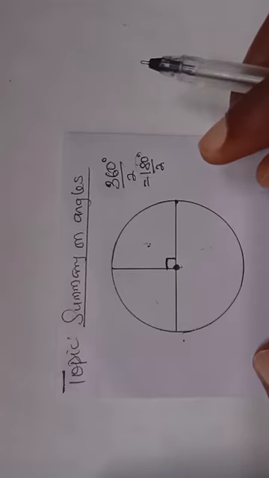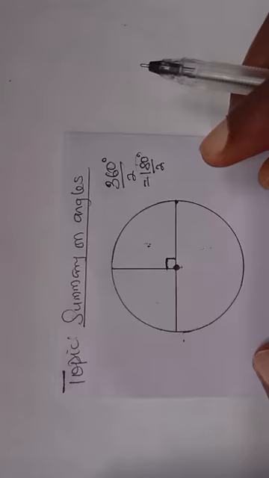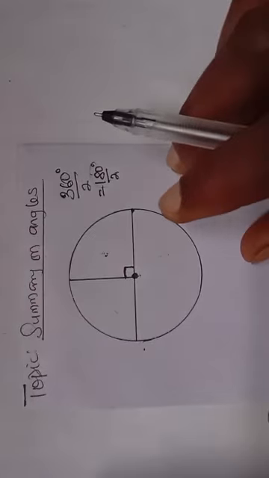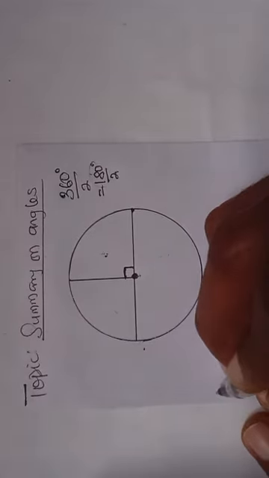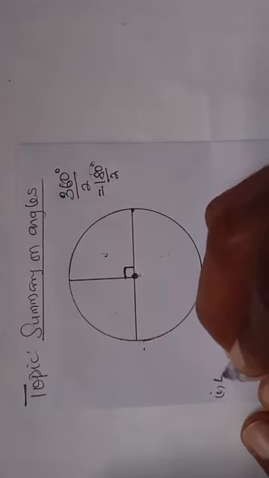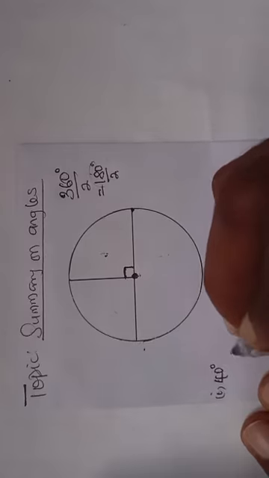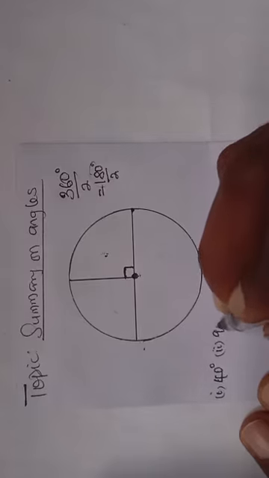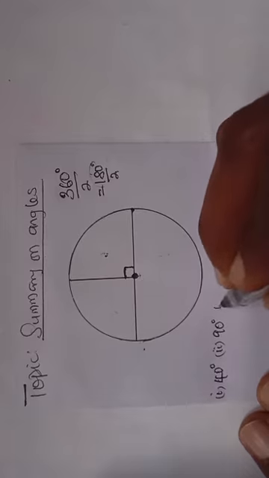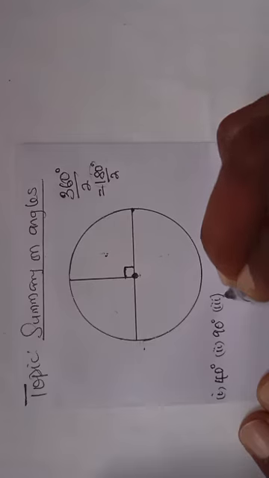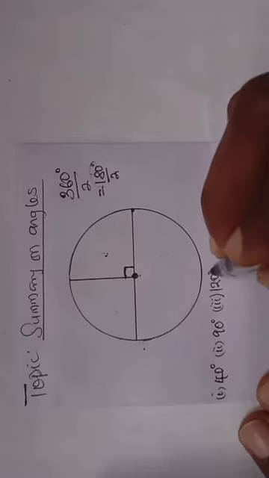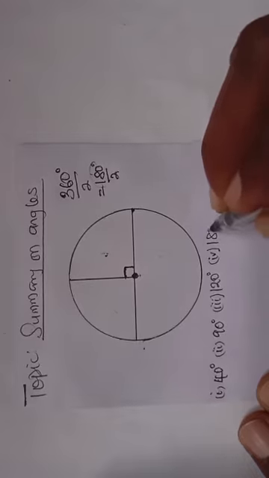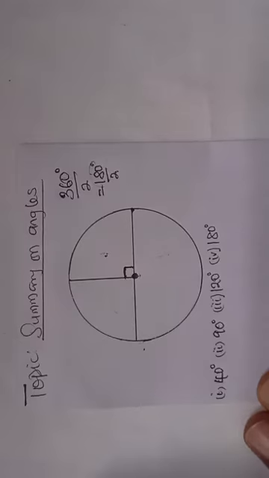The first question says, name the type of angle that measures: I, 40 degrees; II, 90 degrees; III, 120 degrees; and IV says 180 degrees.